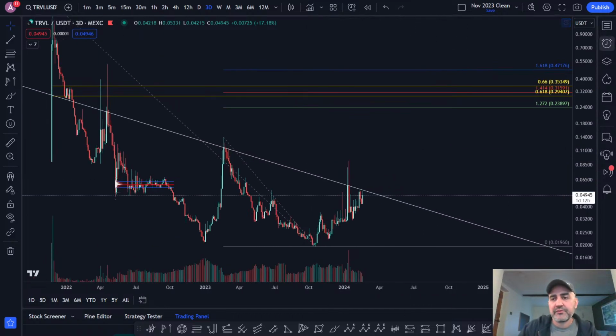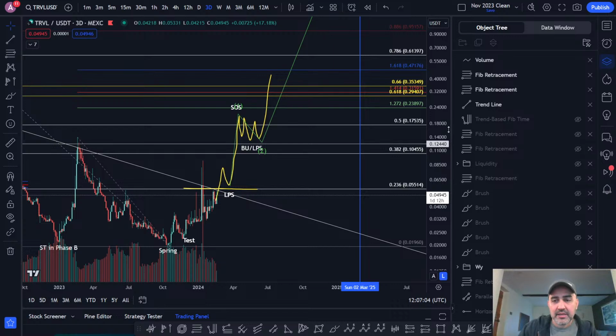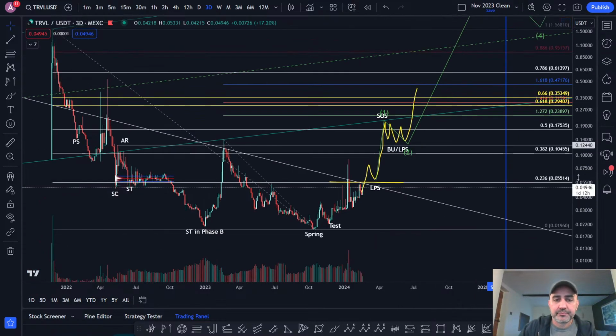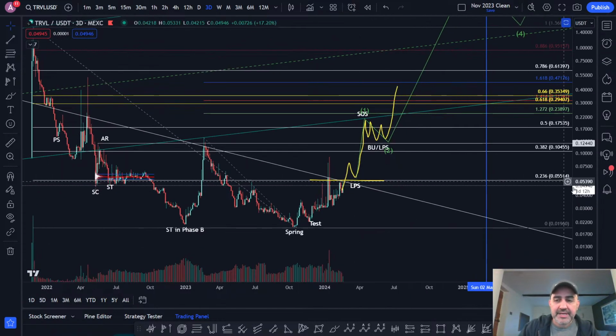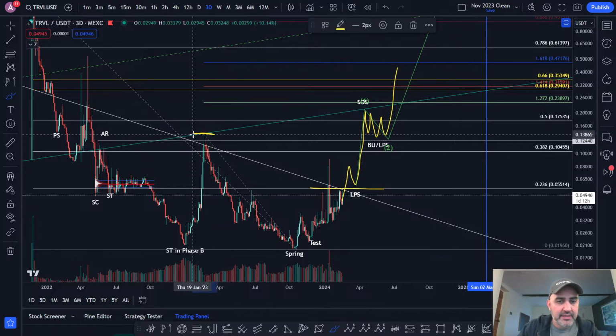And I've shown before that I have in mind some other ideas, like this channel. And a key level is this previous high here. See that? I think you have to see what happens when the price takes that high and then how far it goes.